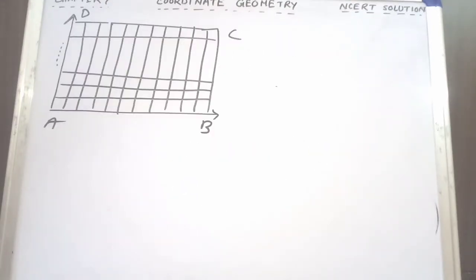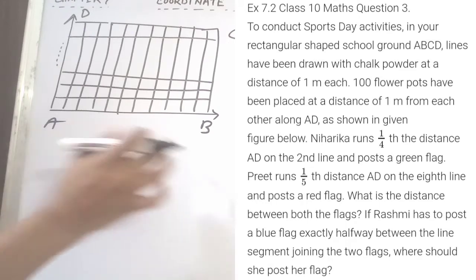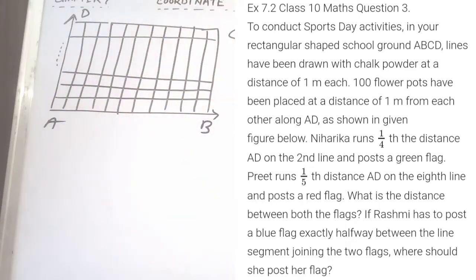Now question number 3. To conduct sports day activities in your rectangular shaped school ground ABCD, lines have been drawn with chalk powder at a distance of 1 meter each. So suppose this is your rectangular school ground ABCD and lines have been drawn with chalk powder at a distance of 1 meter each.